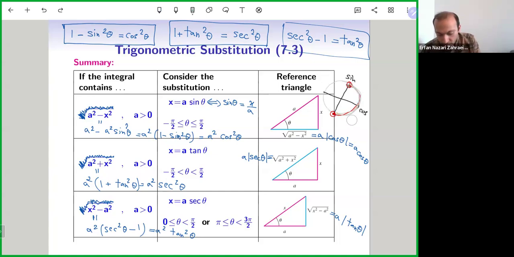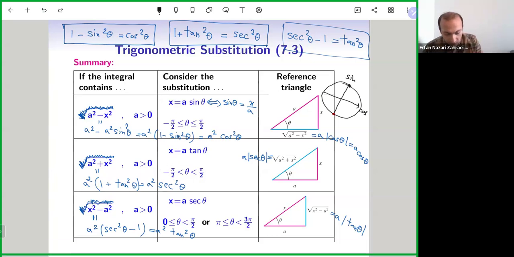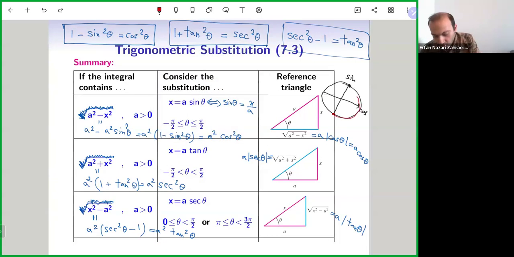Let's do the same reasoning for the rest. Let me recreate my unit circle. Now look at this domain. By the way, this is the same domain from negative pi over 2 to pi over 2. The only difference is that this does not include the endpoints, while this includes the endpoints, but it doesn't matter, because at the endpoints there is no sign.